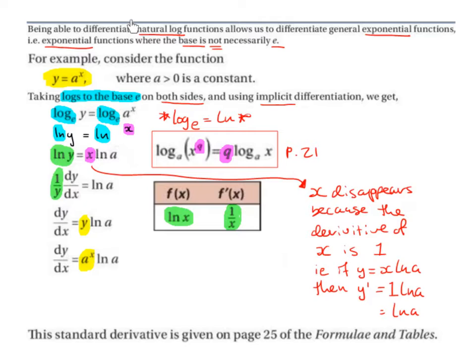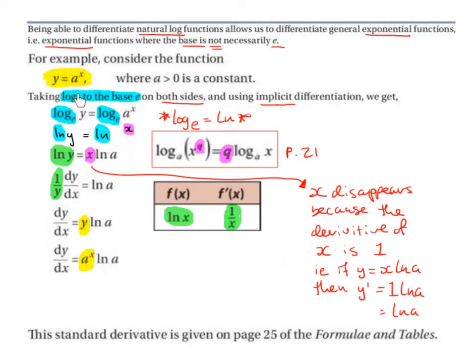Being able to differentiate natural log functions allows us to differentiate general exponential functions, i.e. exponential functions where the base is not necessarily e. For example, consider the function y equals a to the power of x, where a is greater than 0 and is a constant.